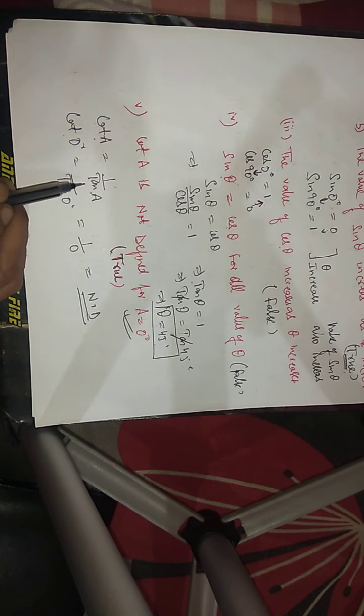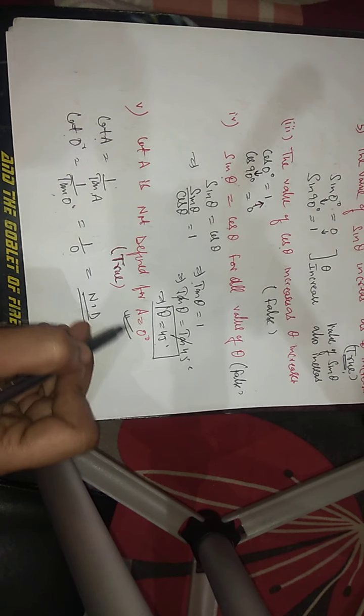So this is a true statement, as we know that cot 0 is not defined, because cot A is the reciprocal of tan A, that is 1 by tan A, so cot 0 is equal to 1 by tan 0, and tan 0 is 0, so 1 upon 0 is not defined. So this is a true statement.